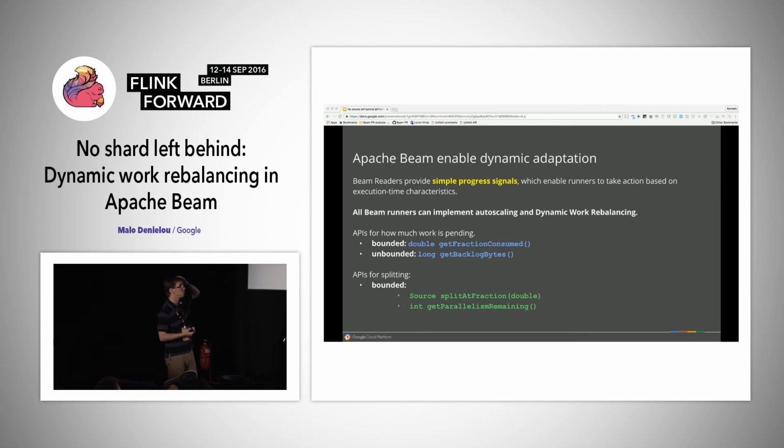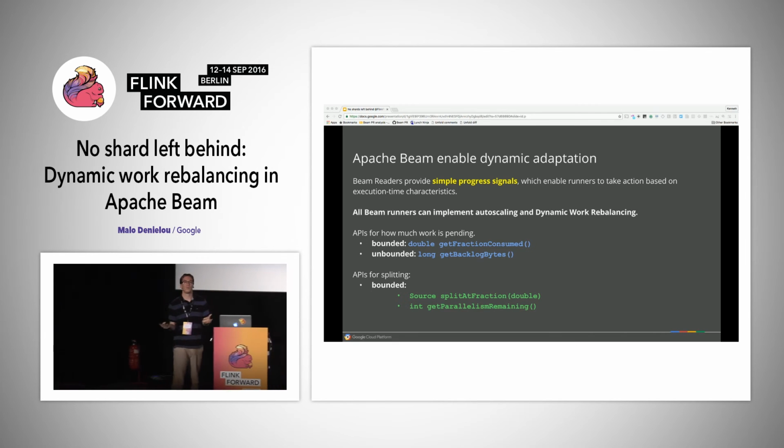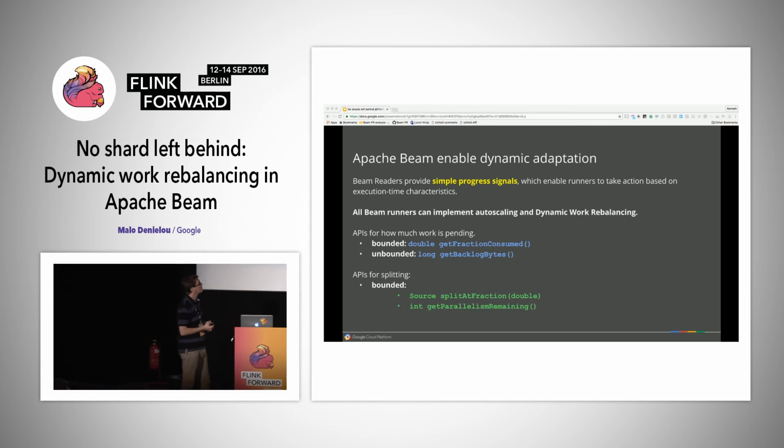This is implemented for the PubSub reader and the Kafka source in Beam. And those can inform the runners, say, well, now I'm accumulating too much in the backlog, so it's time to upscale. Okay? And these are part of the Beam API, and any runner can just call them and do what it has to do to upscale, for example.